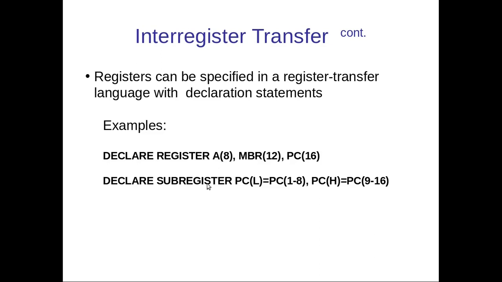For example, declare sub-register PCL = PC(1 to 8). Before that, we have to declare PC. So PC(1 to 8) means bits 1 to 8. Then PCH, meaning PC high byte, is equal to PC(9 to 16). From this register, bits 9 to 16 will form our sub-register PC high.